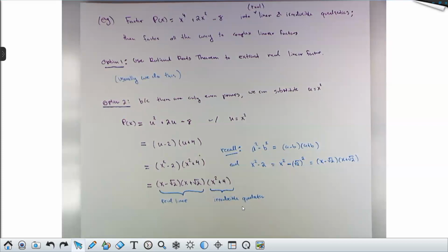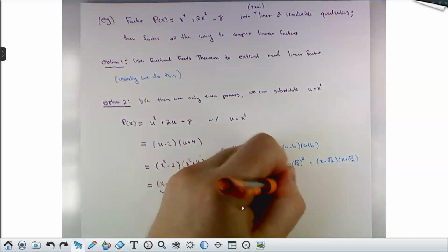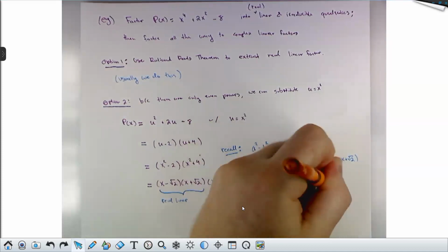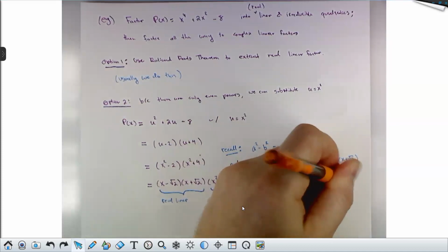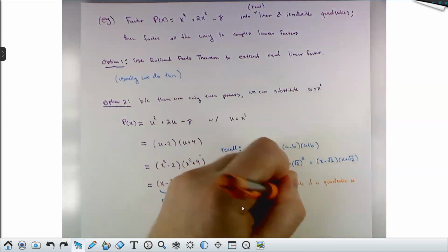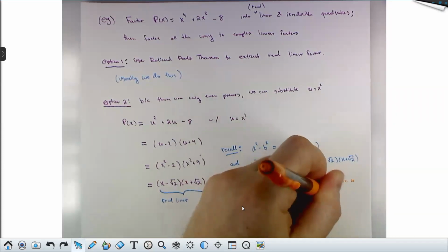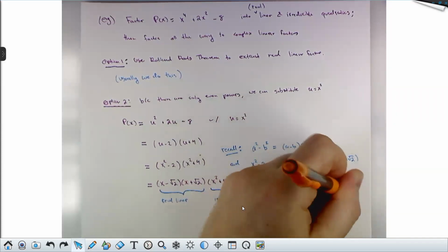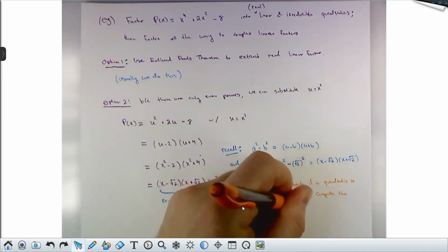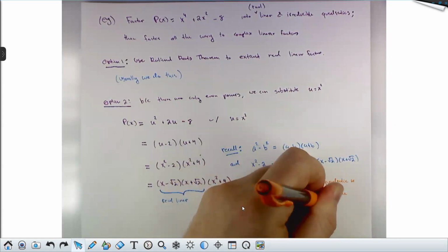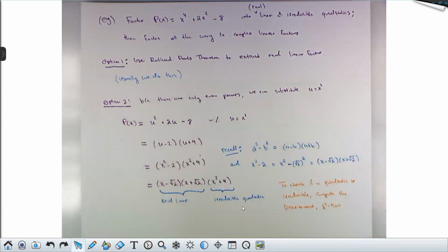I know x squared plus 4 is irreducible because I've seen it a million times, but if you want to check, to check if a quadratic is irreducible, compute the discriminant, which is b squared minus 4ac.